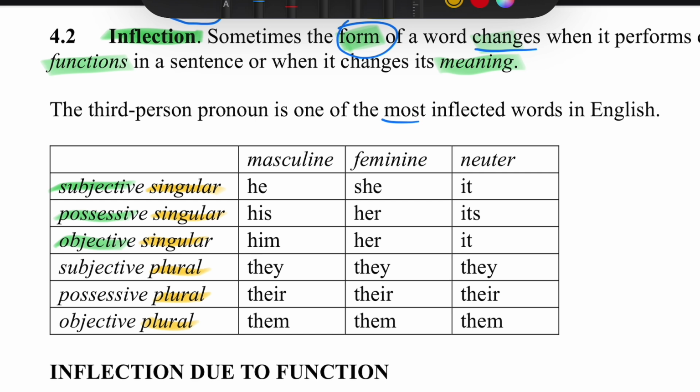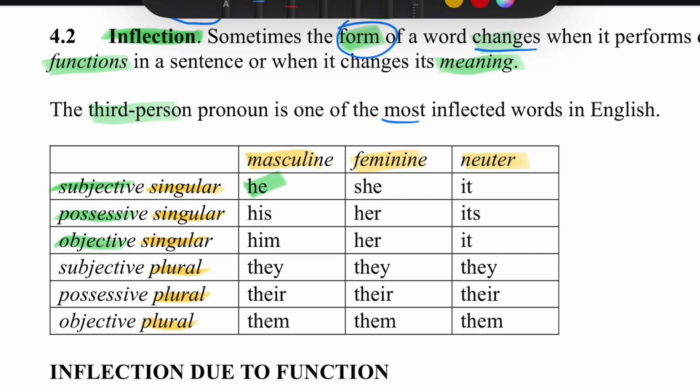So if you see also that we have our genders masculine, feminine, and neuter. So if we look at he, for example, the English pronoun, the third person pronoun, first being I or me, second person being you or your, and then third person being he, she, it, they, them, etc.